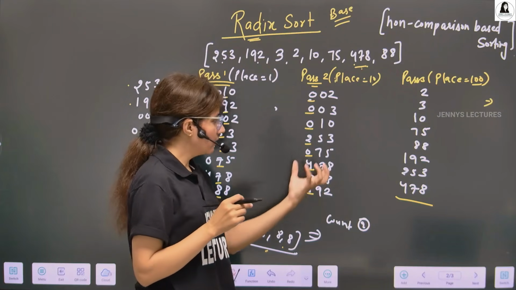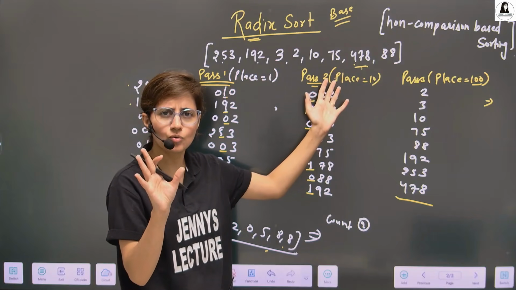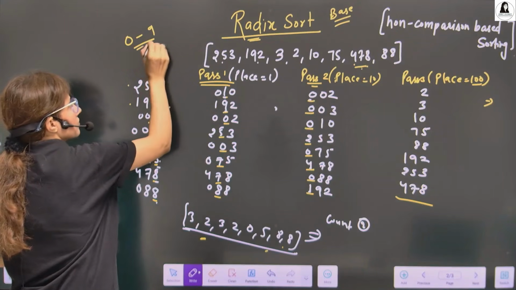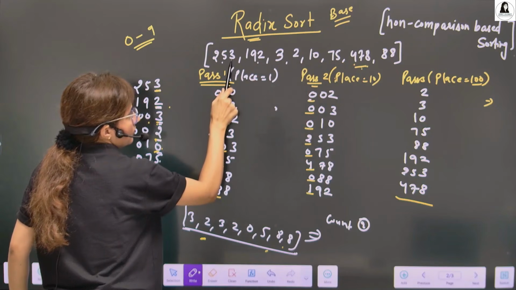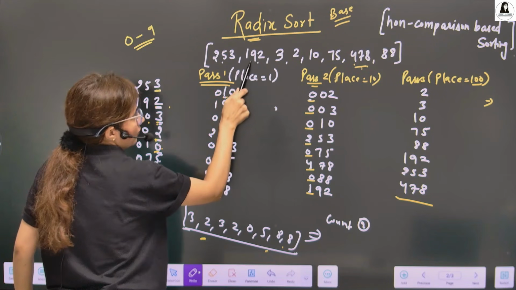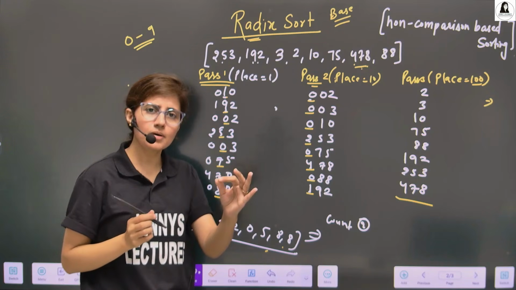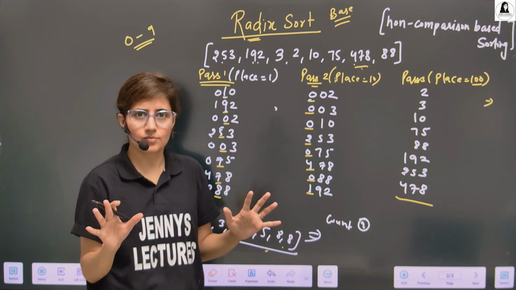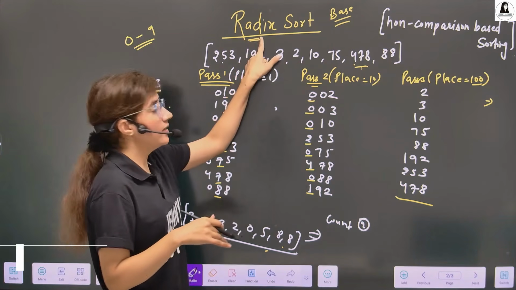If you are working with decimal numbers, the base is 10, because normally numbers would be from 0 to 9. You can say every digit you can check, the number is 0 to 9. For this digit place value, number is 0 to 9. For this also, for this also, for this also. So in decimal number, the base or the radix is 10 always. Numbers would be 0 to 9 itself. That's why it's known as radix sort.